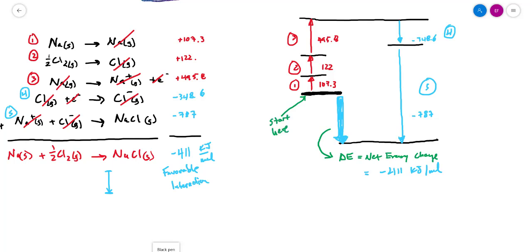You draw your line there, and at that point, this is the elemental forms of the compound you ultimately want to form. So this would be sodium metal, sodium 0 plus half a chlorine. That's where we're starting. So we've got the elemental forms by themselves, not combined at all.